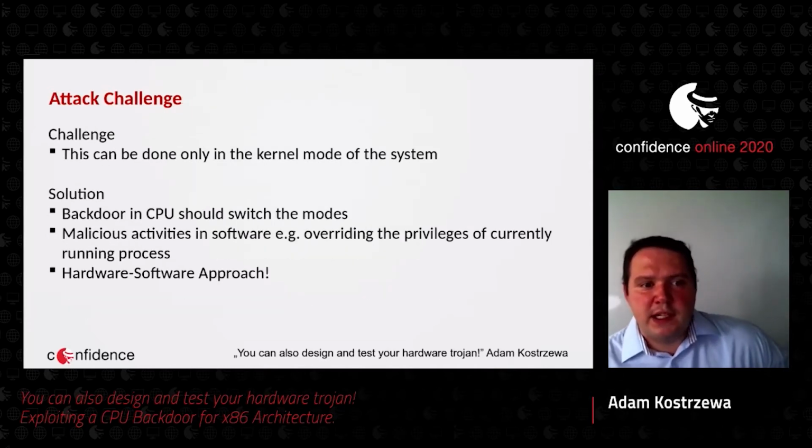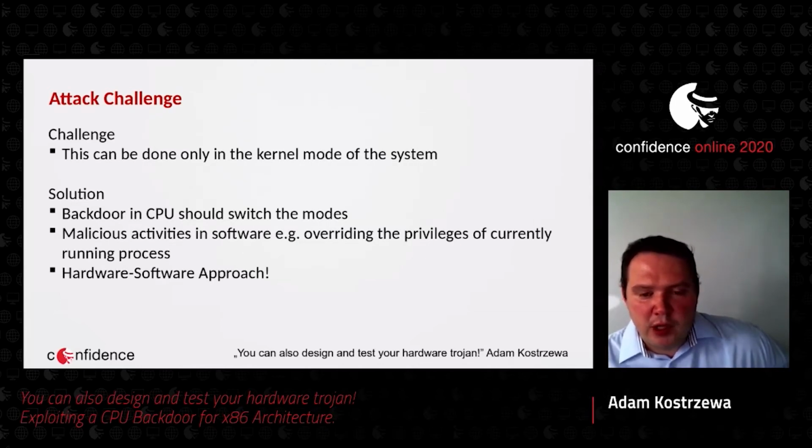The challenge is that if we try to access kernel memory with this structure, exactly what will happen is this memory protection will be triggered, and we'll get a protection error on the screen, and our system will stop us. So the solution would be our backdoor in the CPU, which should switch between the modes.